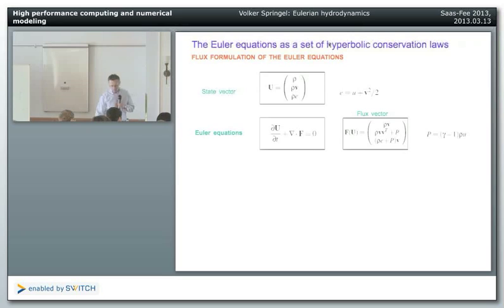Then, if you have this sort of formal vector, you can write the whole set of Euler equations quite neatly in this form. The time derivative of this state is just the negative divergence of a flux. And this flux vector encodes now the real physics of the equation that tells us how mass, momentum, and energy is moved around.